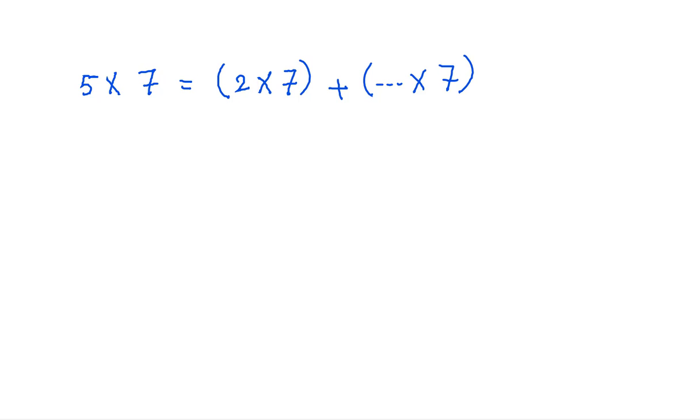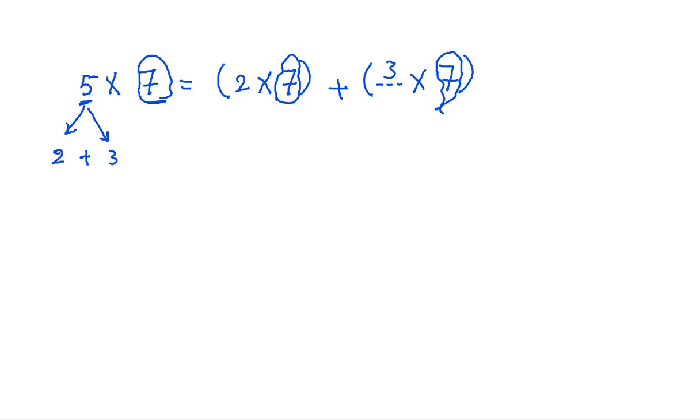In this case we break the 5. The 5 is 2 plus of course 3, and the 7 we write as it is, we do not change the 7. So what we miss here is 3 because 5 equals 2 plus 3.